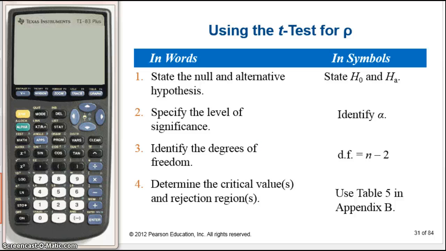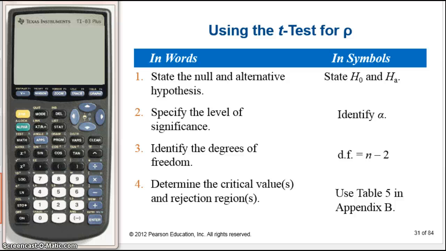Okay, so the steps for the t-test for a correlation. We're going to state the null and alternative hypothesis, so write your H0 and HA statements, which, as I just said earlier, will be very easy for this chapter because they're always going to be the equals, not equals test. The alpha level will be given to you in your problem.